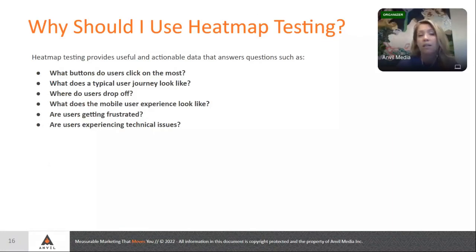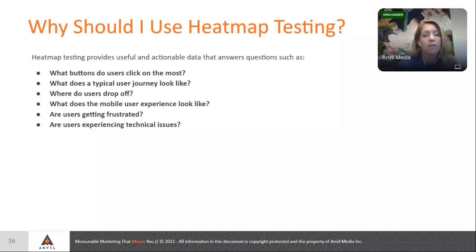We can understand how users appreciate the mobile experience, so we can understand how the website functions on mobile, what users are seeing, what users are experiencing when they come to the site on their mobile devices. We can understand if users are getting frustrated, so we can see if users are clicking on the same element over and over again. We usually call those rage clicks.